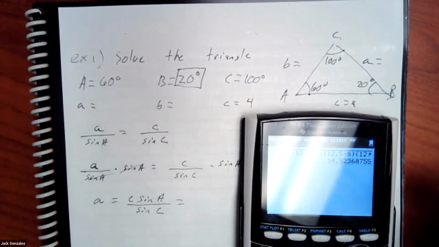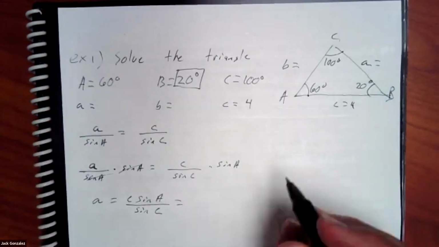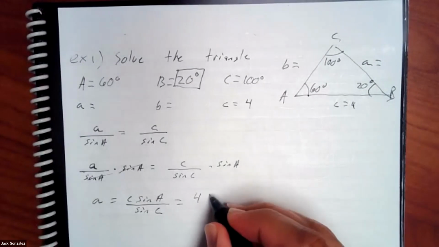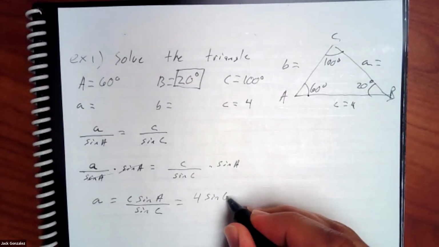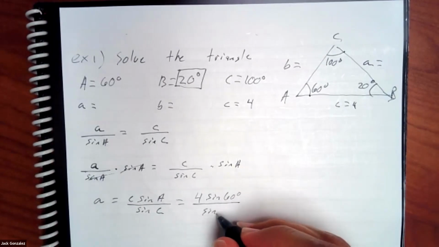If you have a fraction button, go ahead and use it. If you don't, you're gonna have to pretend. I'm gonna pretend I don't have one. Top part put in parentheses. So I guess let's write the numbers down. c is 4 times sine of 60, that'll go on top over sine of 100.